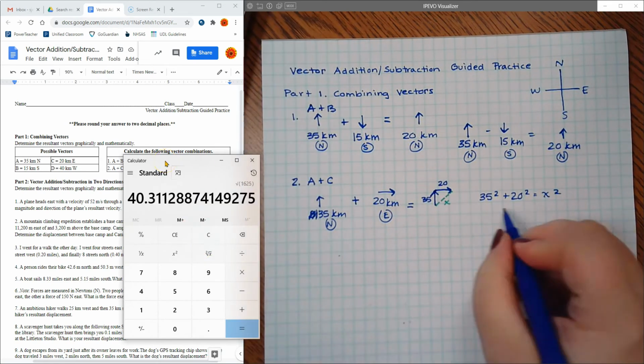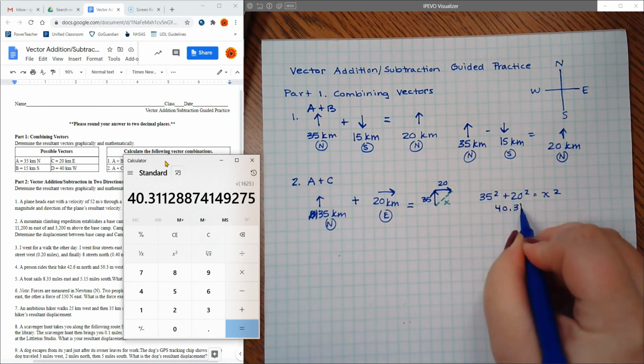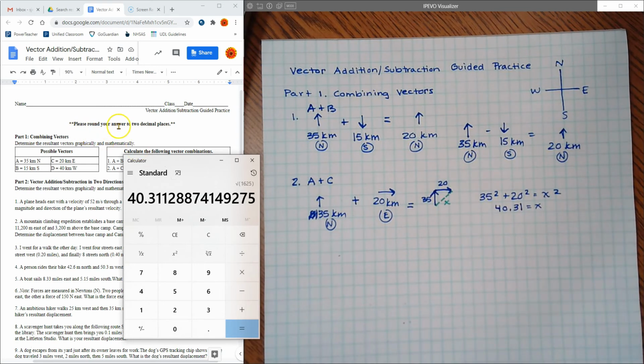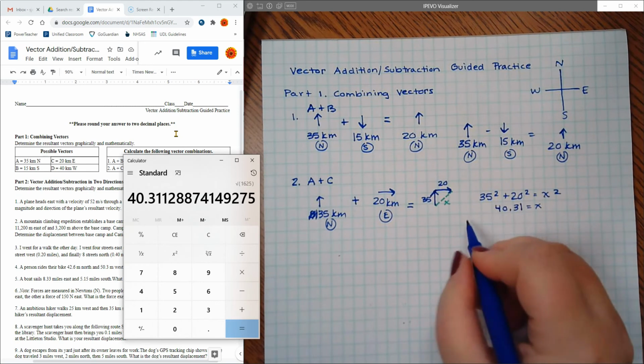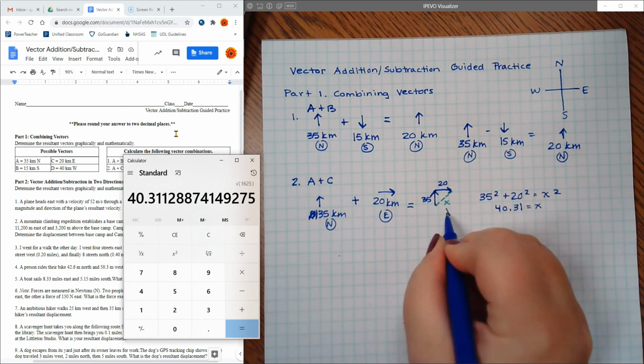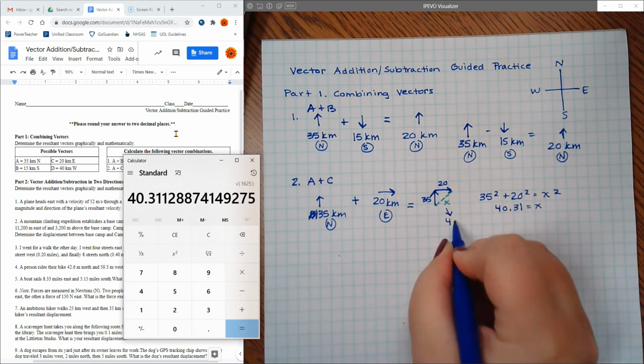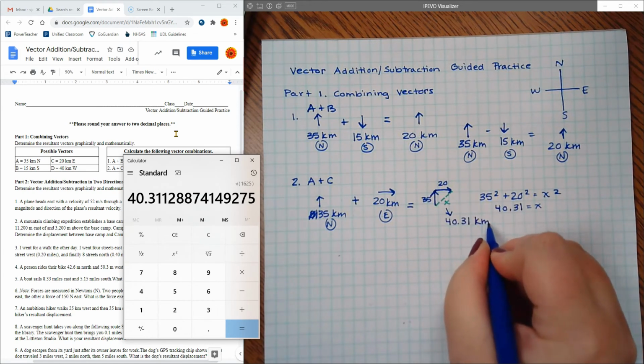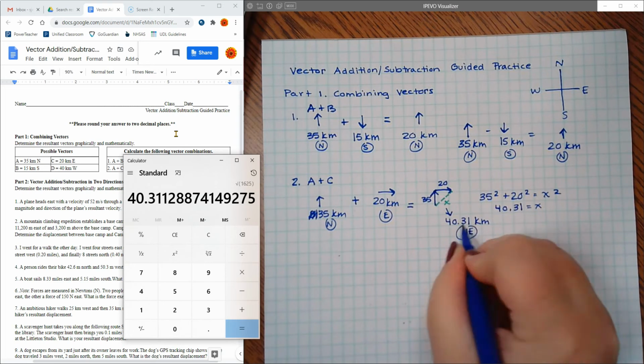So when I do this out, I get that x is 40.31. The top of your paper says please round your answers to 2 decimal places, so you can leave it at 40.31. This would tell me that the resultant vector, which is 40.31, this would be kilometers, and it's going in a northeastern direction.